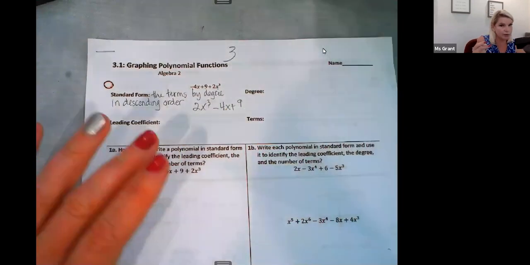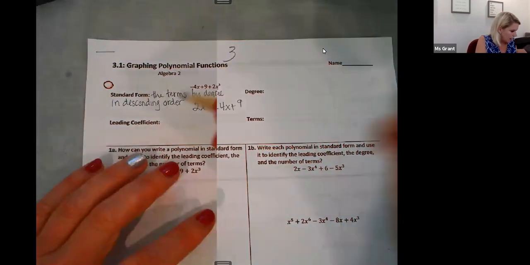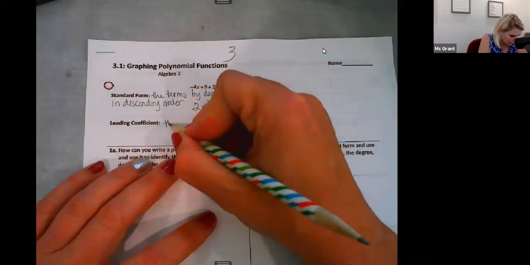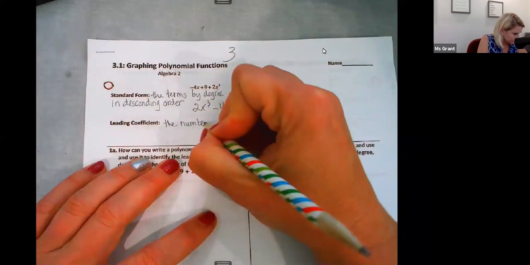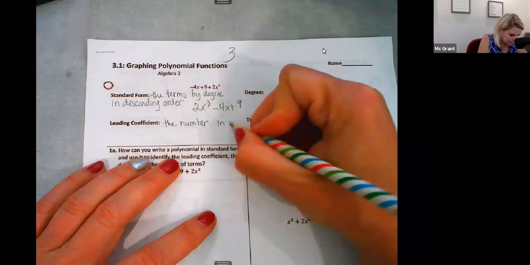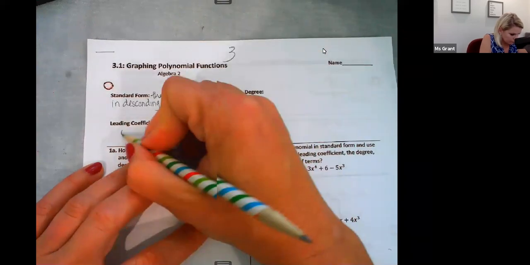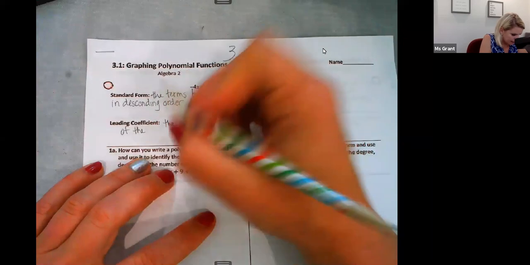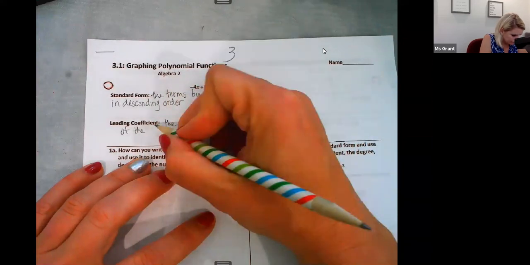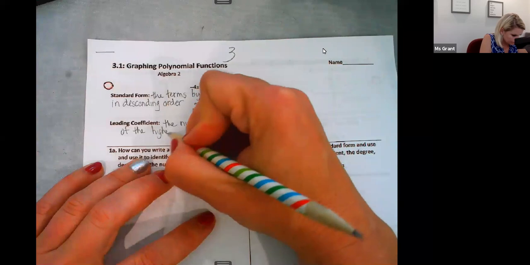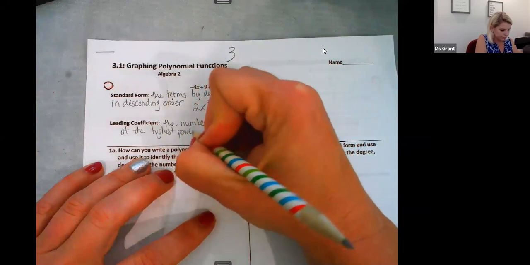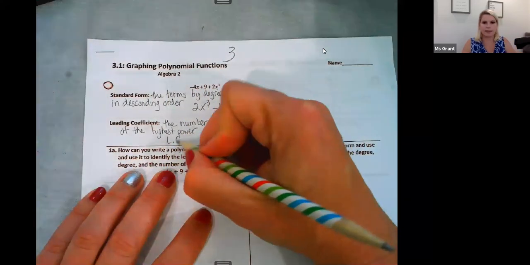So put it in order first is the point. The number in front of the highest power. And in this case, it's a 2. The abbreviation is LC, leading coefficient.